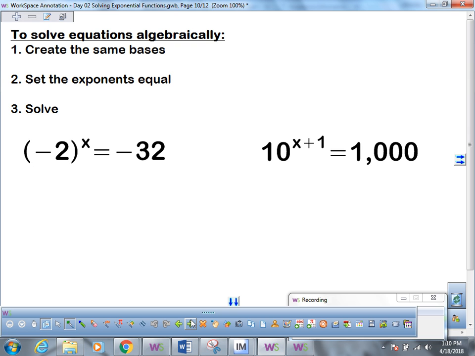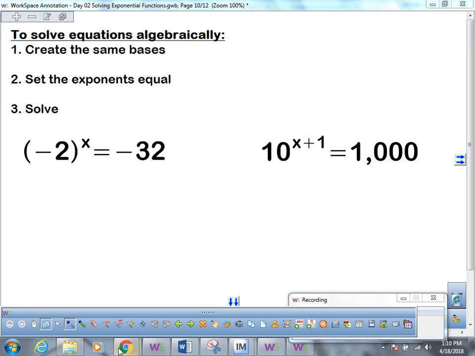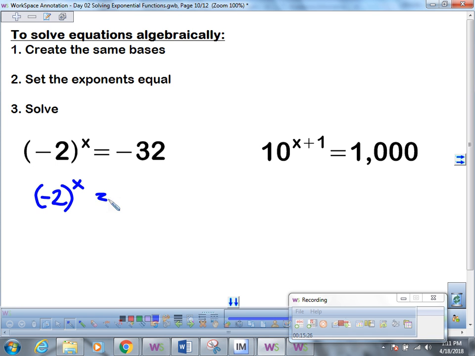Okay, so now I'm just going to do these algebraically. So I'll start here. I have a negative 2 to the x. I can change negative 32. Remember I told you you're looking for bases. What's the base in 32? 2. Right? They're up on the board, the bases.